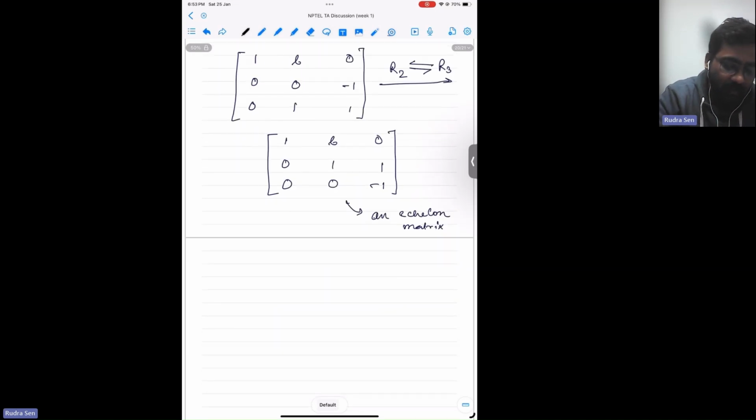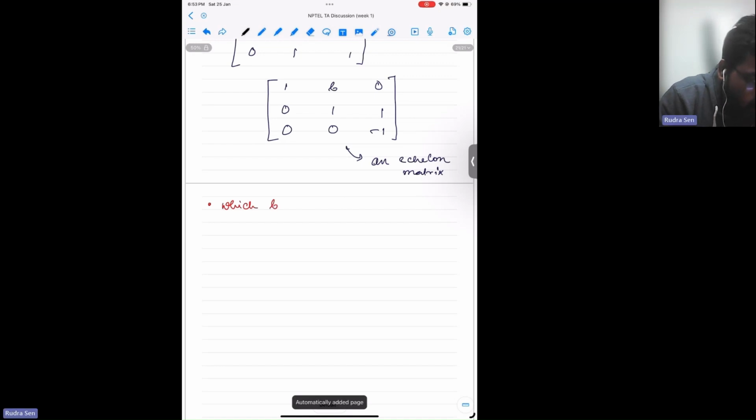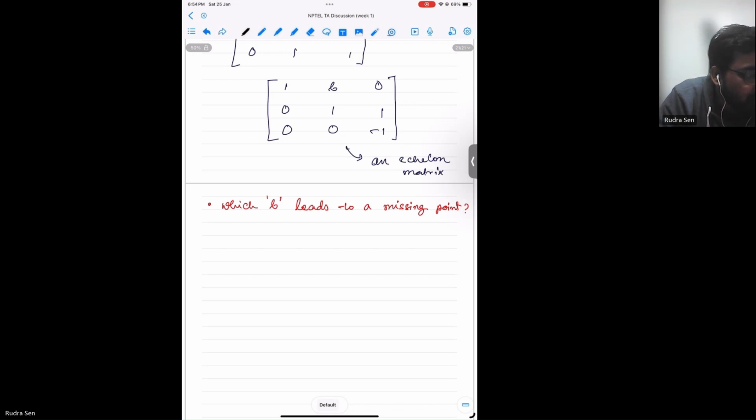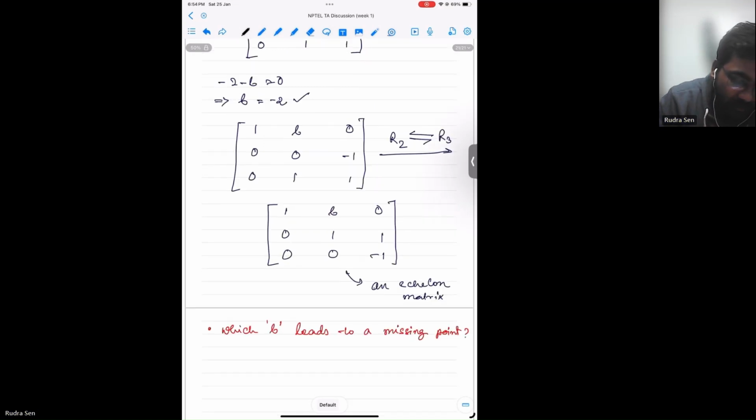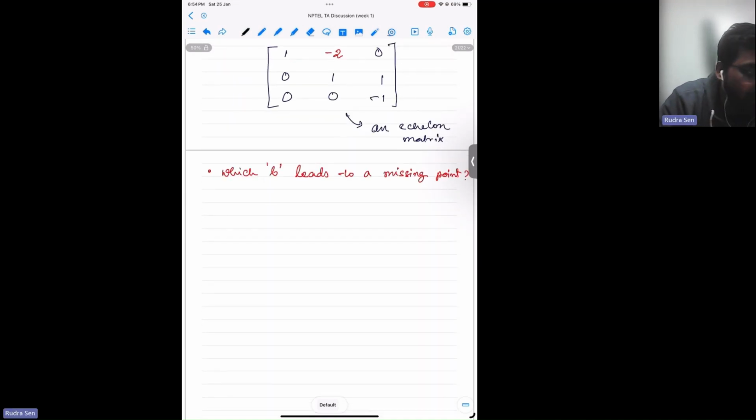Now the next question is of the same matrix. It says, which value of b leads to a missing pivot?